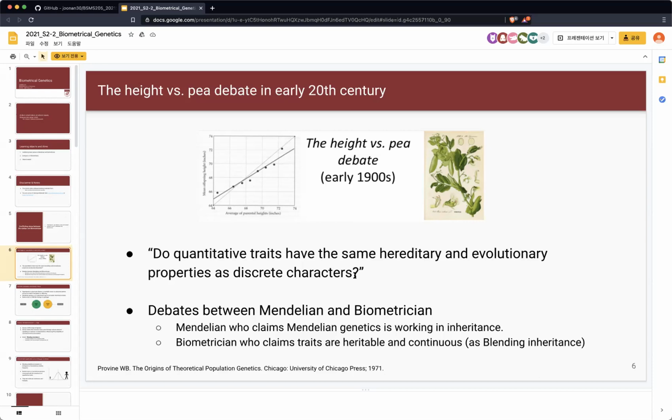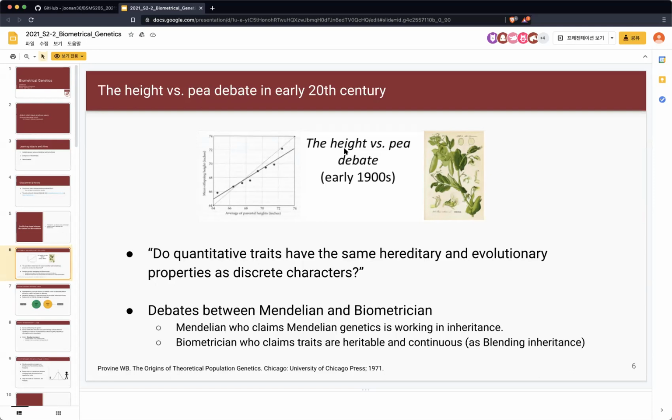So the famous historical event, we called it the height and pea debates, which happened at the early part of the 20th century. That was the debate between the Mendelian people and the biometrician people.